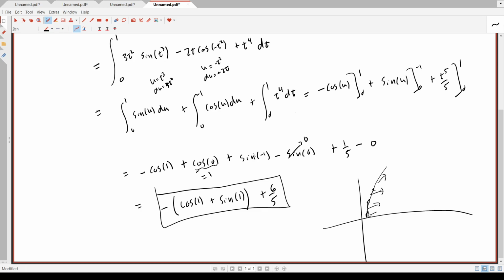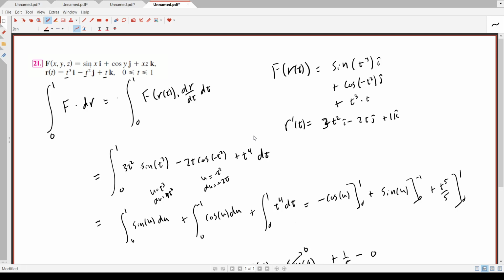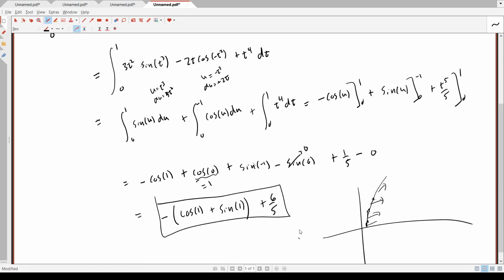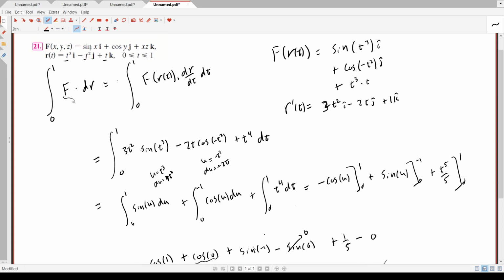So I want to add up the components of each of these vectors as I go along this curve. Think of this as the projection of f onto this curve, and I'm integrating all of those projections together. So I'm adding all of those projections up.